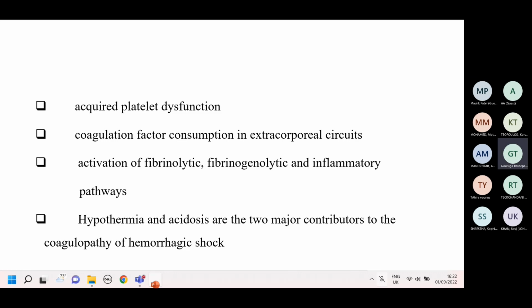There is also activation of fibrinolytic and inflammatory pathways, which leads to coagulopathy. Patients coming from the theater, a cold environment, are more prone to hypothermia if it is not managed properly, which leads to hypothermia and acidosis, more contributors to the coagulopathy of hemorrhagic shock.